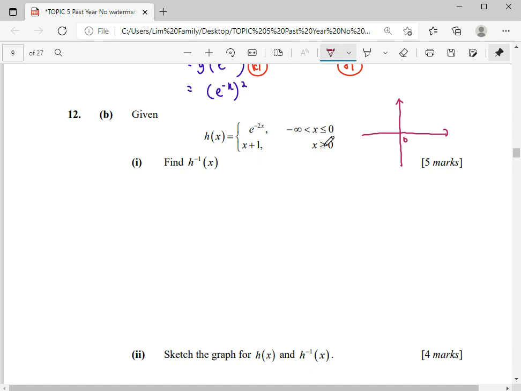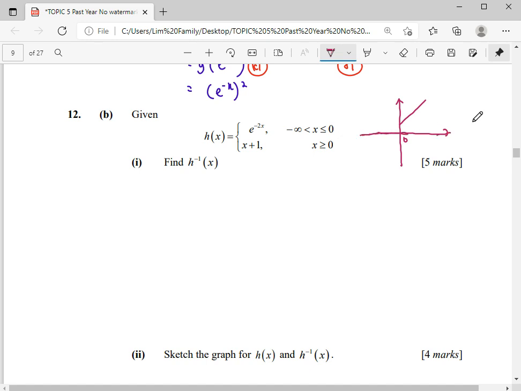But for x more than 0, this part we are going to have a linear function. This linear function is a straight line with intercept at 1. For this exponential function, e to the power of negative 2x, the range starts from 0, so asymptote at 0.